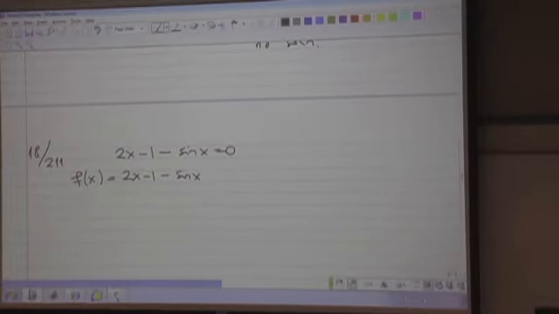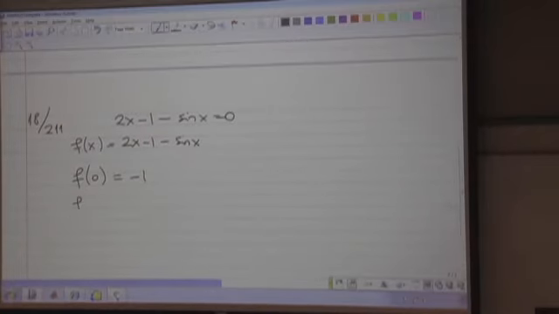Okay, well, f of 0. F of 0 is? Negative 1. Okay, what else should we find? F of pi. Okay, f of pi is 2 pi minus 1, and sine of pi is 0.